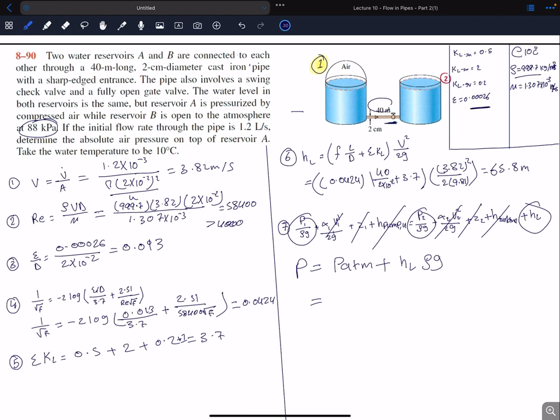The atmosphere is 88 kilopascal, plus the head loss 65.8 times the density 999.7 times the gravity 9.81. So the pressure is 733 kilopascal.